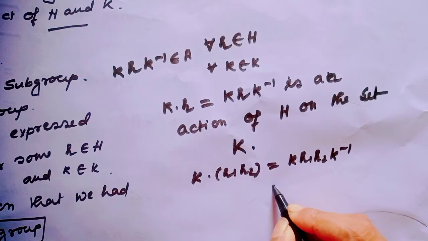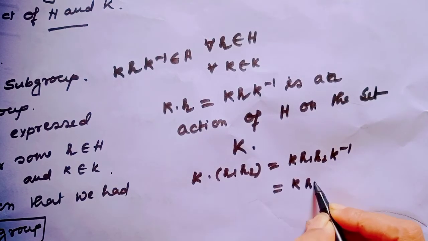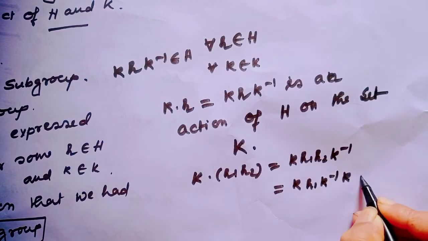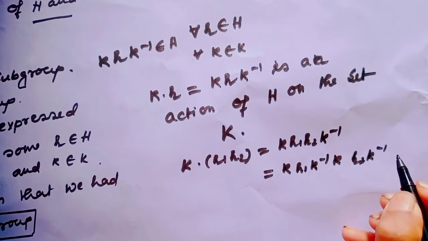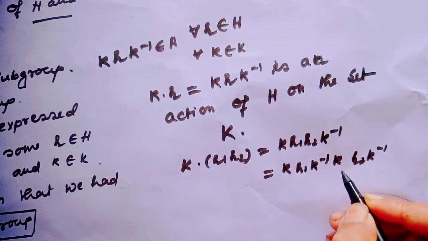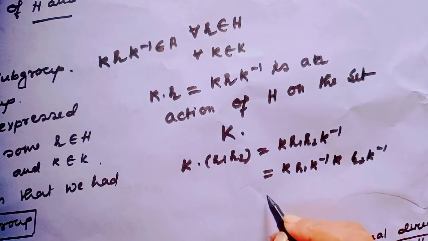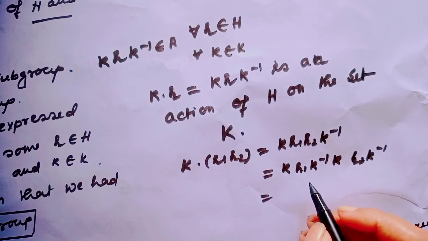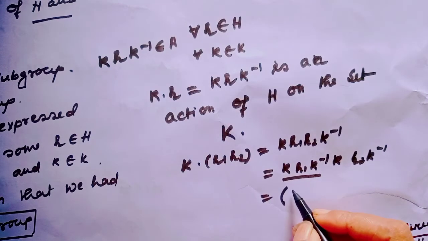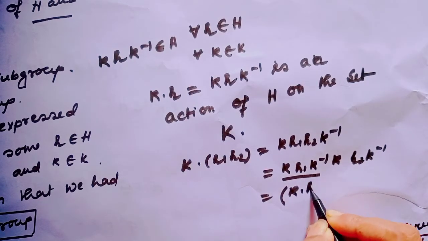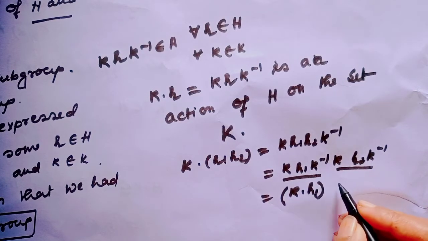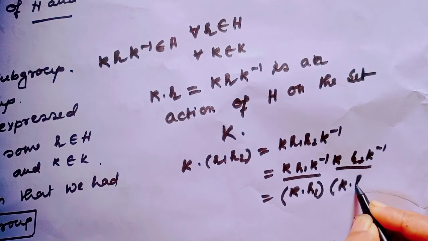And we can write it as k h1 k inverse times k h2 k inverse, and I have written this because k inverse times k will always be cancelled. So from this line we can write this as k dot h, and this would be k dot h1 and this would be k dot h2.